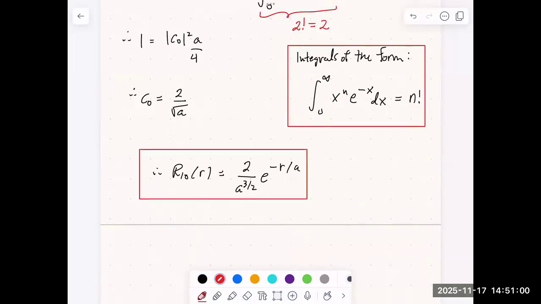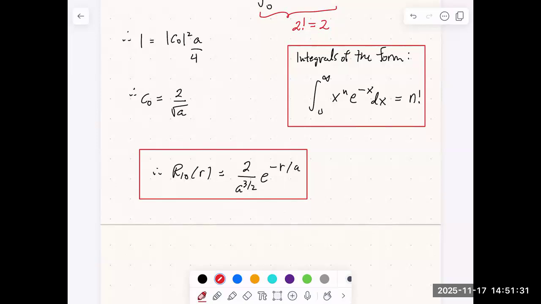One thing I just want to highlight before we continue is that the total wave function is going to be the product of this radial part and the spherical harmonics. The spherical harmonics have no units, right? Everything is just in radians. And so the units of the wave function are determined solely by this radial part, and it has an A, units of length, to the 3 halves in the denominator.